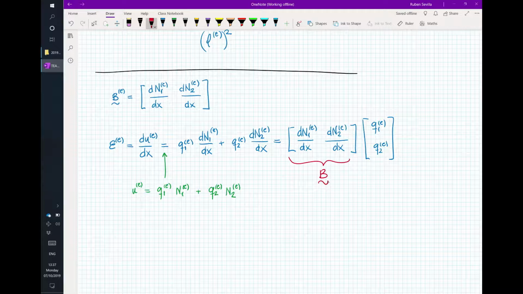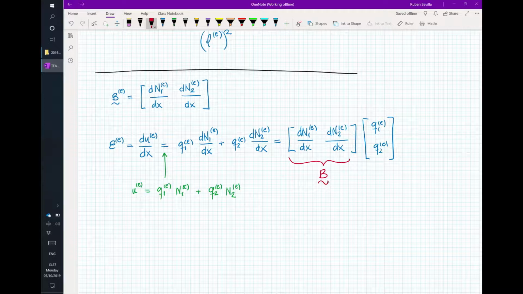You multiply this matrix by the displacements, Q contains the displacements at nodes, and it gives you back strains. So this is why it's called the strain displacement matrix. It transforms displacements into strains. And then if you multiply the strain by the Young modulus, what you get is stress. Yeah? Okay. No questions? Nothing?